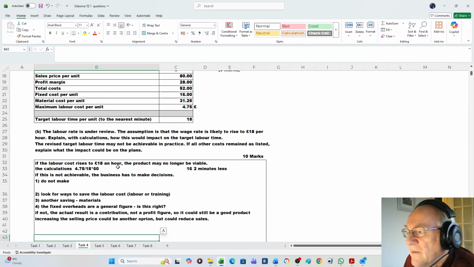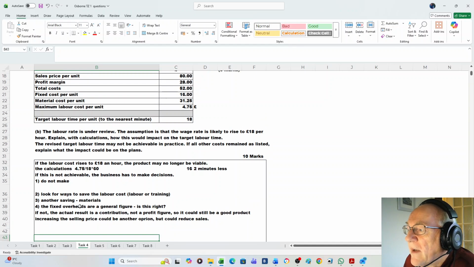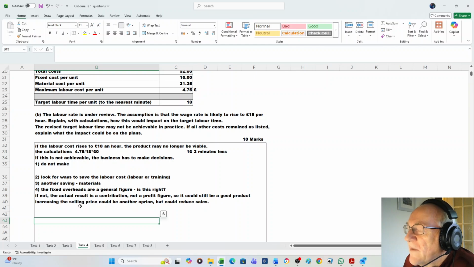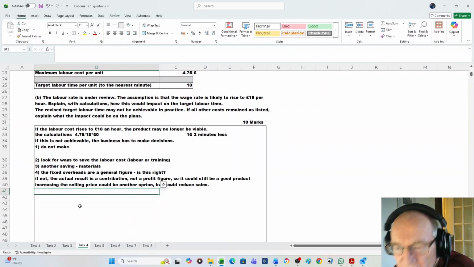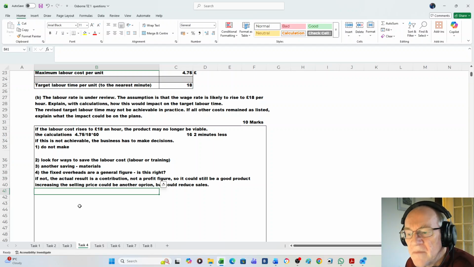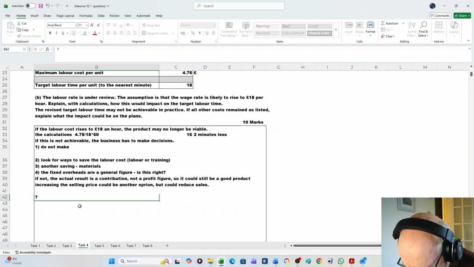It's not going to be £28, and you could actually work it out. The contribution won't be £28 per unit, but it's not going to be that much less for 2 minutes labour, for the extra labour cost. So again, there's loads of room to add to make sure you've got the 10 marks in this. So I'll just put those notes in.